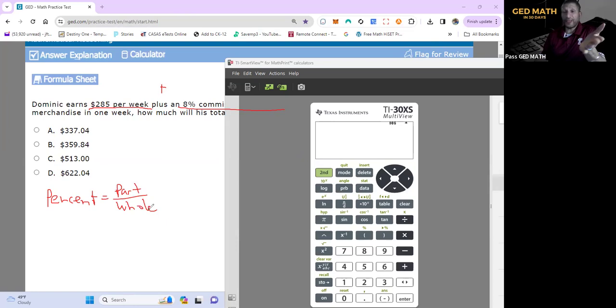There are three different things in this equation, but percent equals part over whole. To get part by itself, the opposite of dividing by whole is multiplying by whole. So part equals whole times percent.